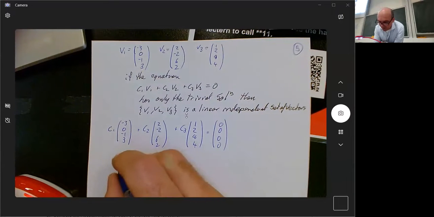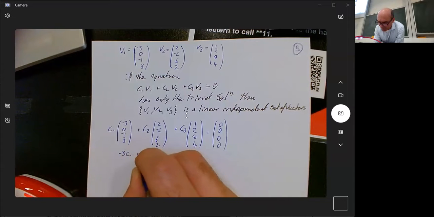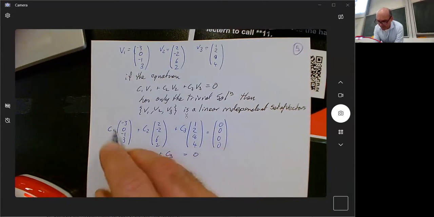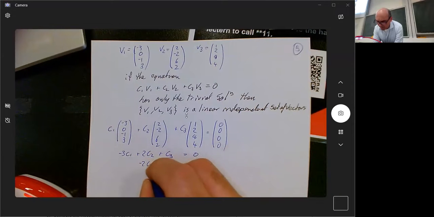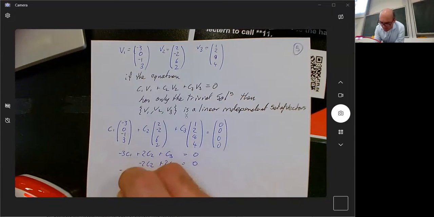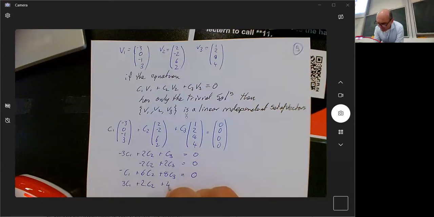So I'm going to go -3 C1 plus 2 C2 plus C3 is equal to 0. There is 0 C1, so it's -2 C2 plus 2 C3 equal to 0. Minus C1 plus 6 C2 plus 8 C3 is equal to 0. And 3 C1 plus 2 C2 plus 4 C3 is equal to 0.